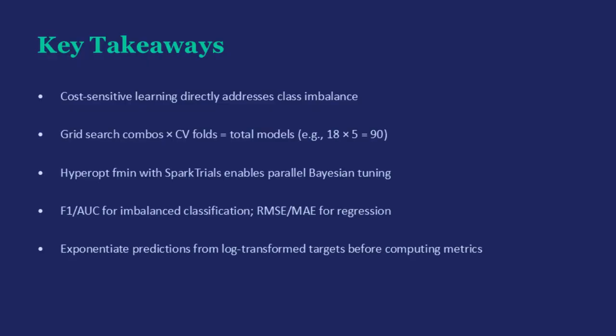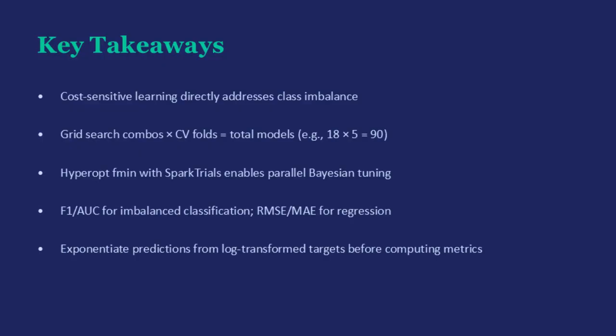Now let's talk about key takeaways from this section. Basically, model development essentials. Cost-sensitive learning directly addresses class imbalance. Grid search combinations times CV folds equals total models. Remember, 18 times 5 equals 90, the sample exam question.